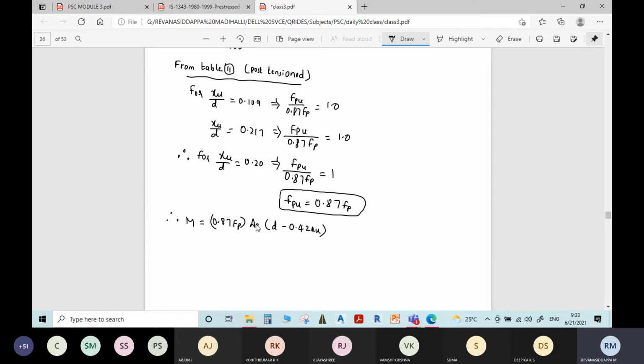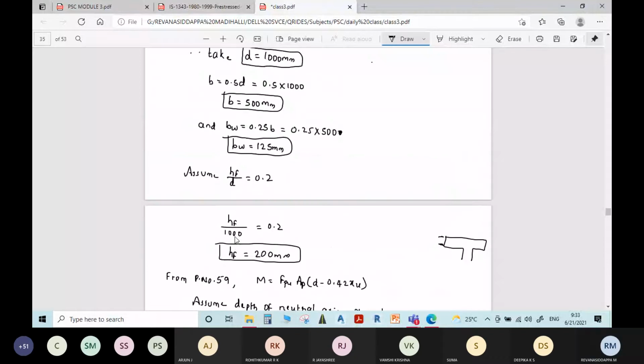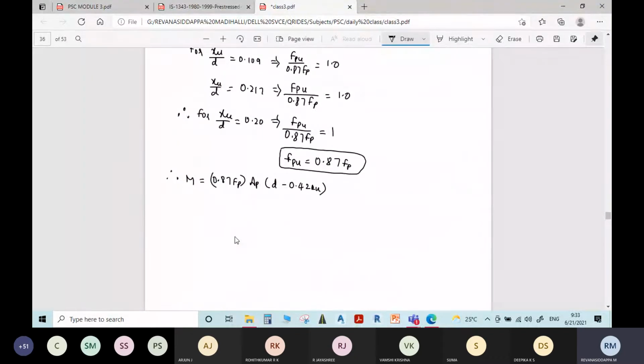Only the area of pre-stressing steel is unknown here. The moment is 1200 into 10 power 6.